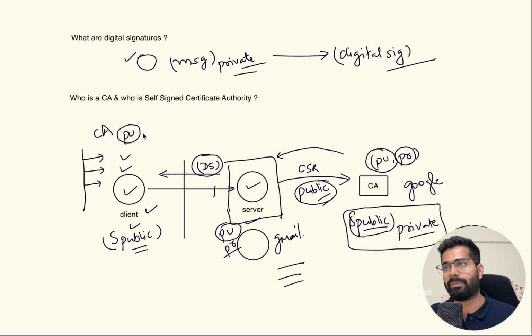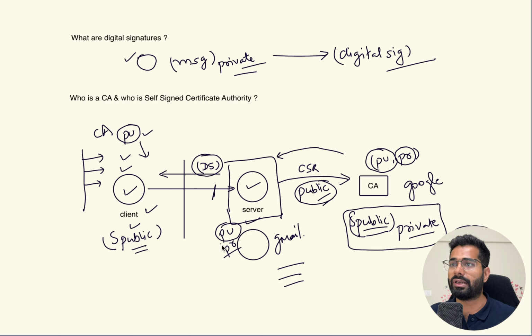So using the public key, it will try to verify whether it was really signed by the certificate authority. Once it verifies that your public key was actually signed by the certificate authority, it will say, I will trust that you are who you say you are.